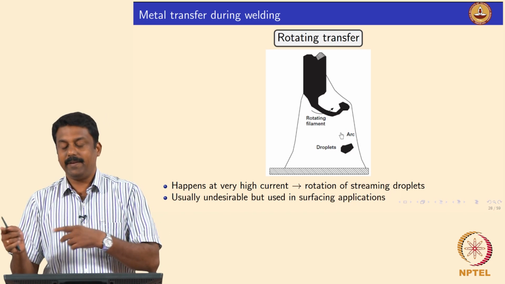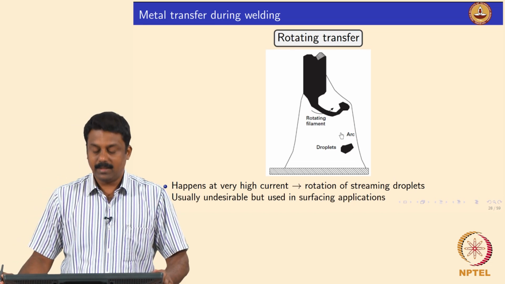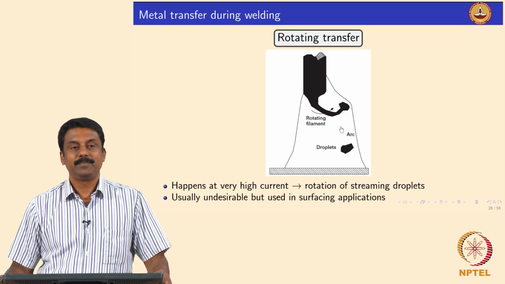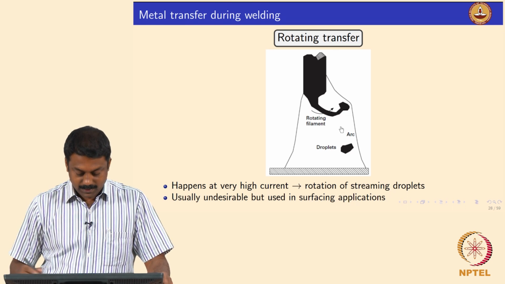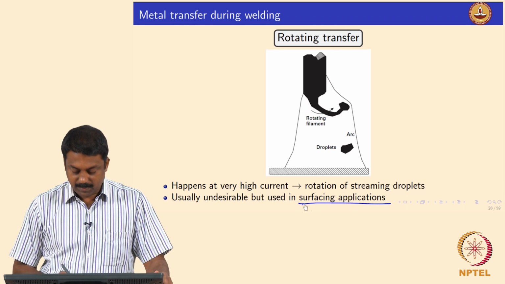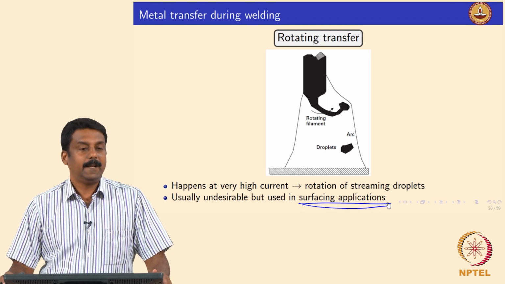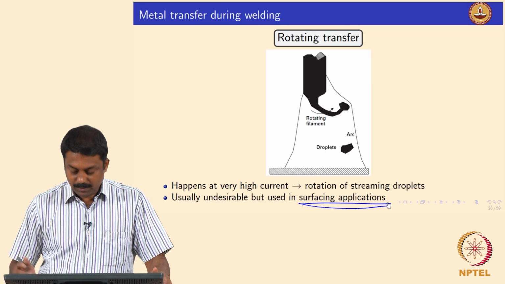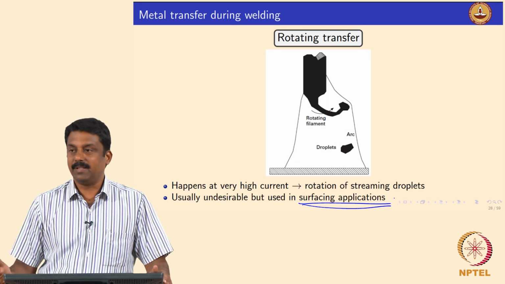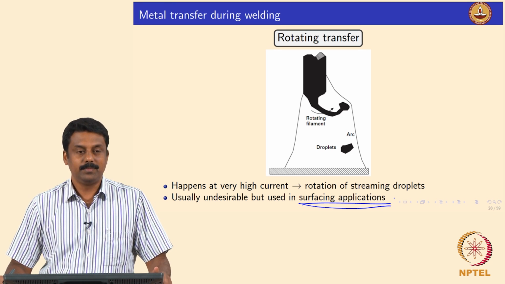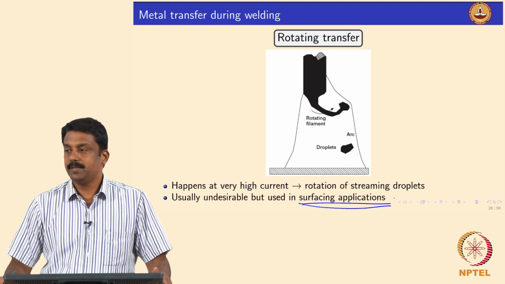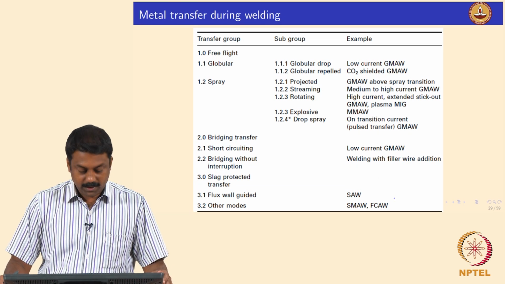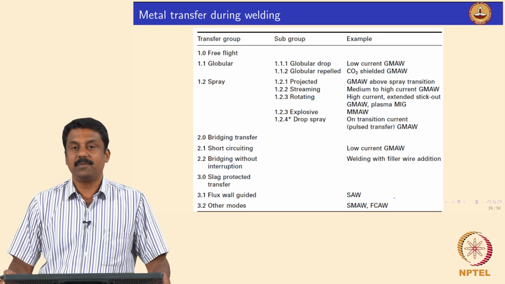It goes everywhere, and you end up transferring the droplets at various places. This is also sometimes used for surfacing, using FCAW or GMAW surfacing. For welding applications it is not advisable. It is clear. Good.